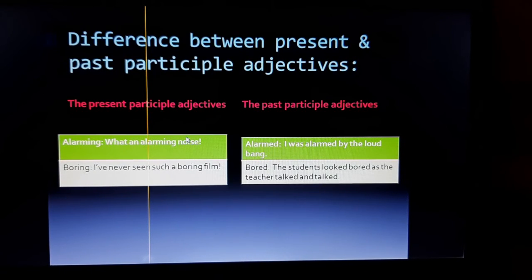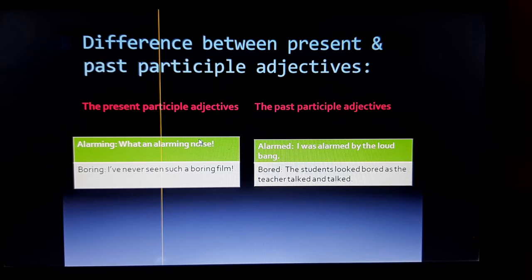Now another example, boring and bored. These are two words in different participle forms, right? In the present participle adjective sentence we can see: I have never seen such a boring film. The word boring is defining the word film, which is our noun.